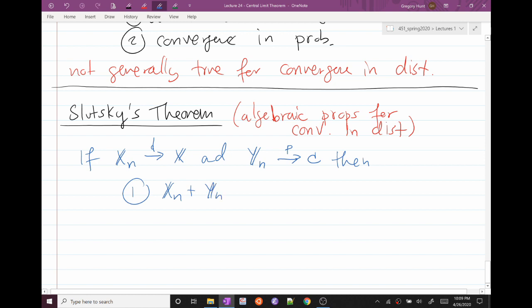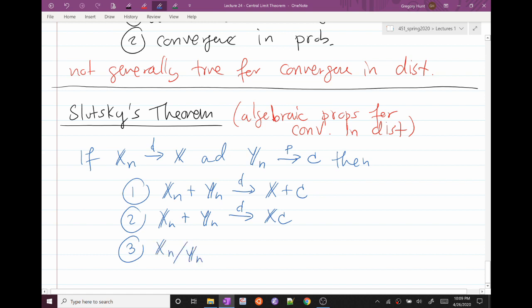Xn plus yn converges in distribution to x plus c. Xn times yn converges in distribution to x times c, and xn over yn converges in distribution to x over c.